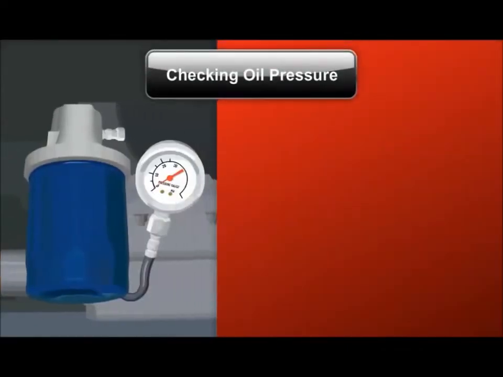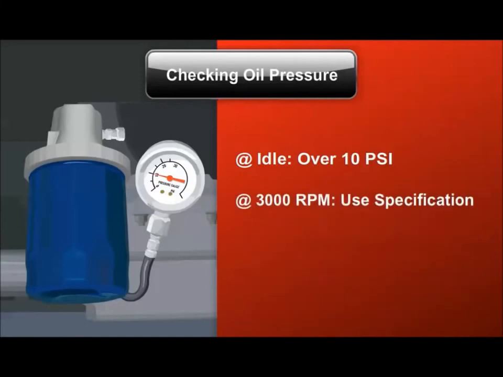To confirm oil pressure faults, check actual pressure using a mechanical oil pressure gauge. Oil pressure should be at least 10 psi at idle and match the service manual specifications at 3000 RPM.